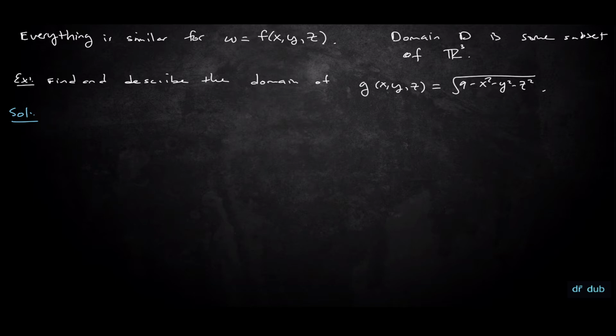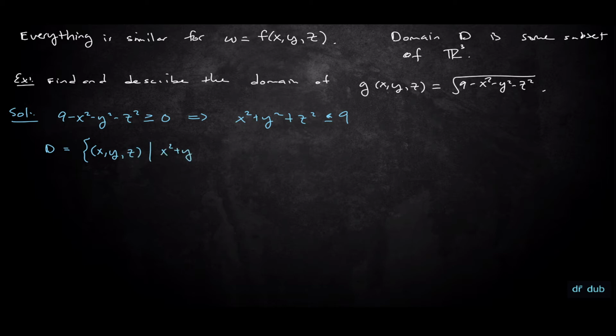I need the radical. It's an even radical, square root. I need the input 9 minus x squared minus y squared minus z squared to be greater than or equal to 0, which means I need x squared plus y squared plus z squared to be less than or equal to 9. So that's everything inside and on the sphere of radius 3 centered at the origin. So D is the set of all triples x, y, z such that x squared plus y squared plus z squared is less than or equal to 9.